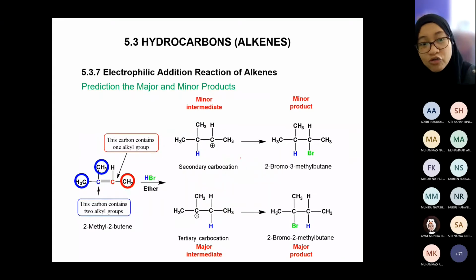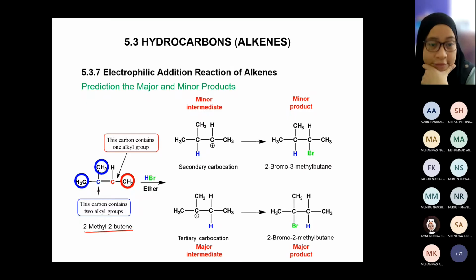Okay, cuba tengok contoh. Okay. 2-methyl-2-butene. Okay, so you pun identify. Okay, so we have the double bond here. So kita identify this. This is 1, 2. This is secondary carbon, right? This one has one hydrogen attached to it.